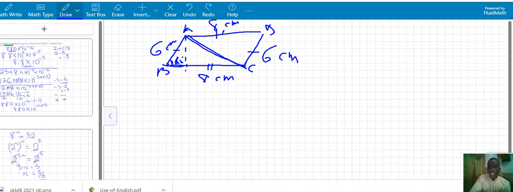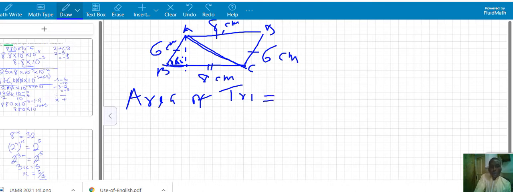So if we analyze this now, we are going to find out that the area of a triangle will be equal to half times the base times the height. Now, what is the base? The base is 8 centimeter, and the height is this value we have here.